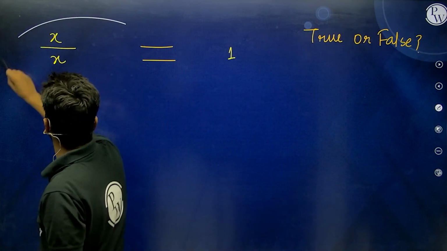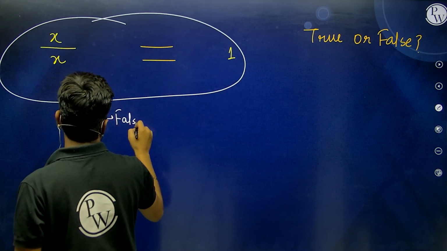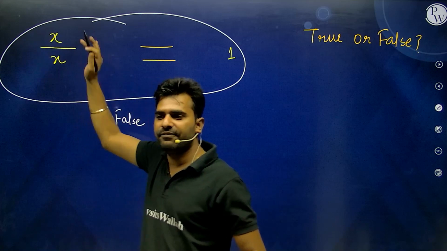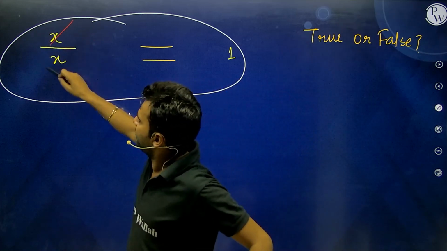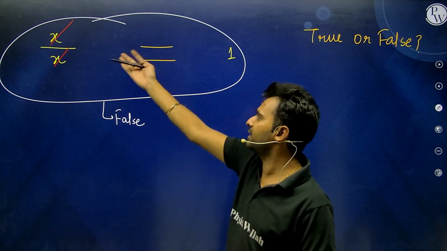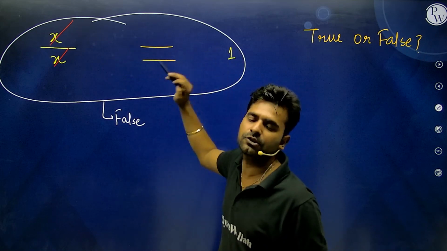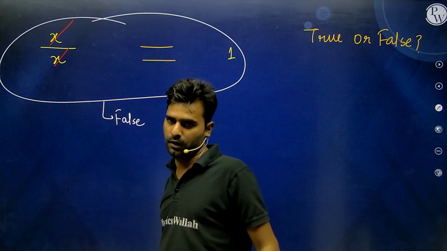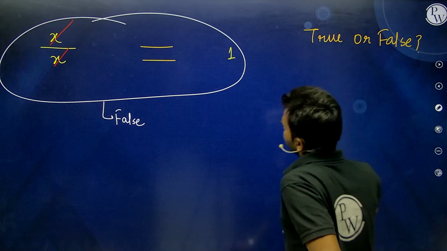This is false. x by x is a different thing and 1 is a different thing. What people usually do is cancel this x with this and say, sir, this is also 1 and this is also 1, so the two things have to be equal. These two things are not always equal. Why?